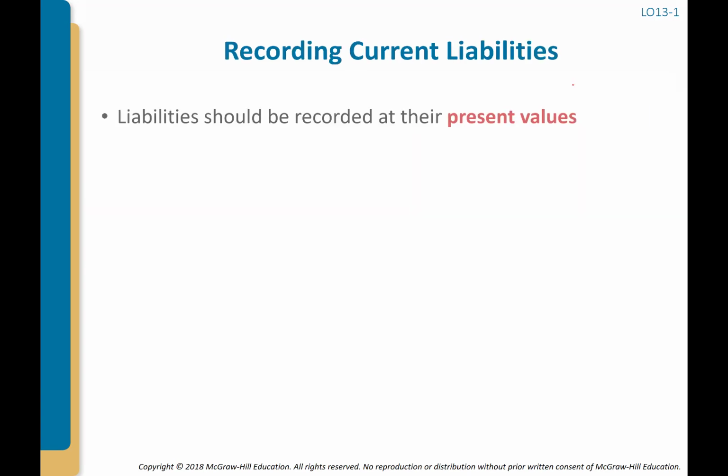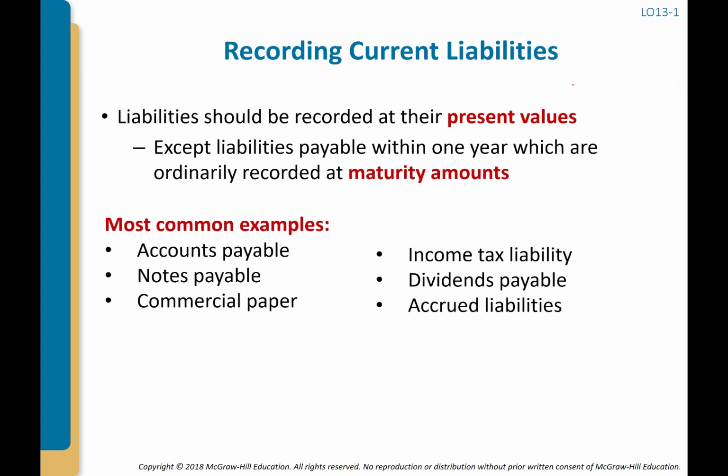Now, when we take a look, we are going to see that liabilities are often recorded at their present value. So we're typically going to be looking at the cash that's going to have to be surrendered to pay off this liability. We will discount that cash, and that will give us present value. We say that if we have a liability payable within 1 year, we could record it at its maturity amount, although frankly I think we're going to be using present value for the most part for liabilities.